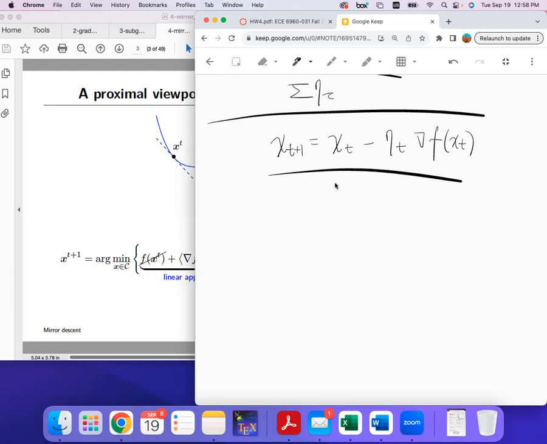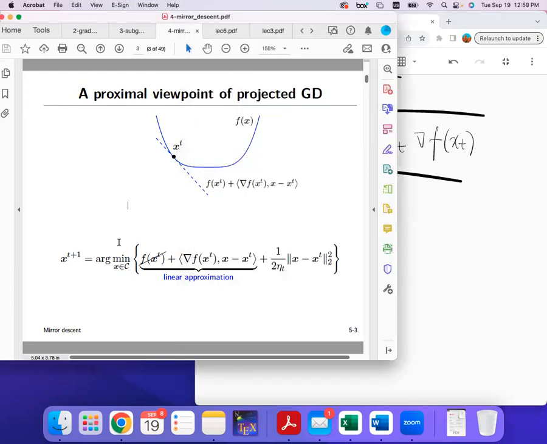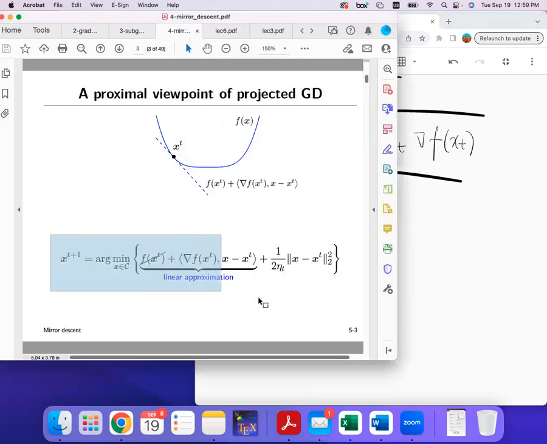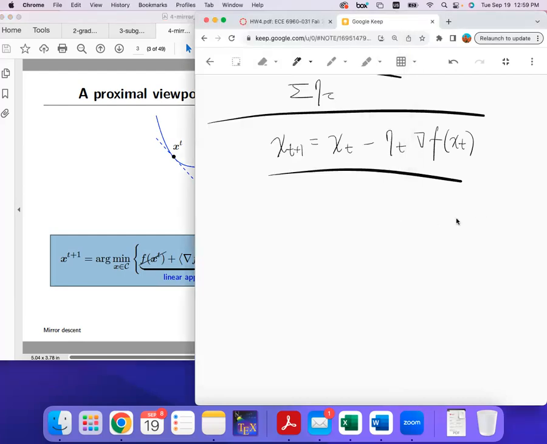And we usually write this algorithm in this way. This is exactly the projected gradient descent. Sorry, let me actually add a projection here. Okay, it's more general. So projected gradient descent.